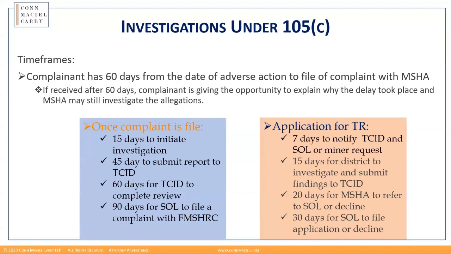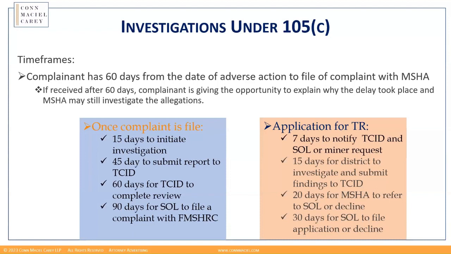In terms of the time frame, as I said, they move quickly. A complainant or a miner's rep applicant has 60 days from the date of the adverse action to file the complaint. If they file it late, MSHA gives them a chance to explain why it was late and has a little leeway there. But if it's 6 months late, that's probably too late unless they have a really good reason.